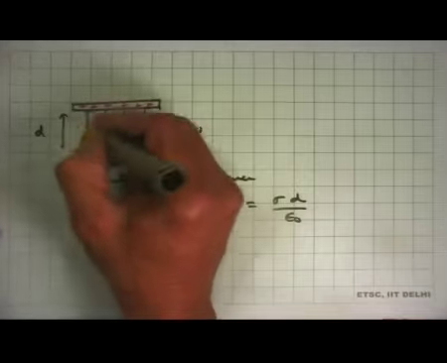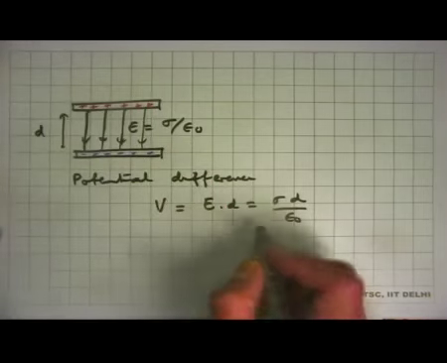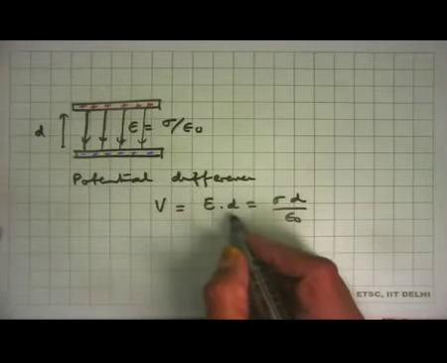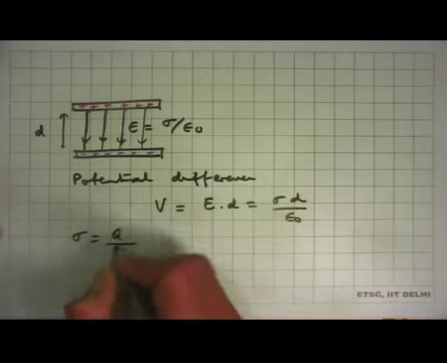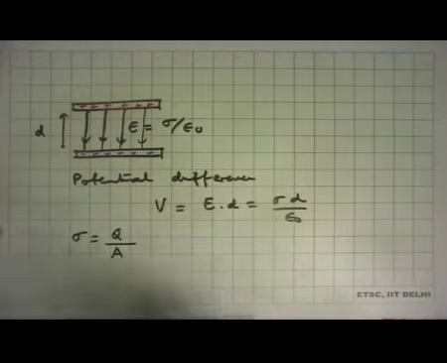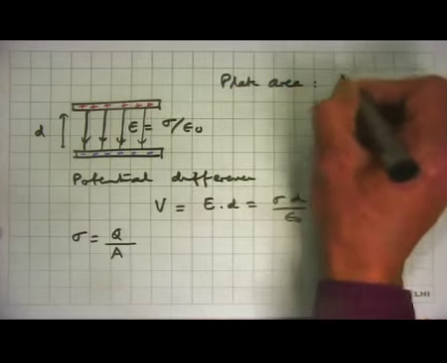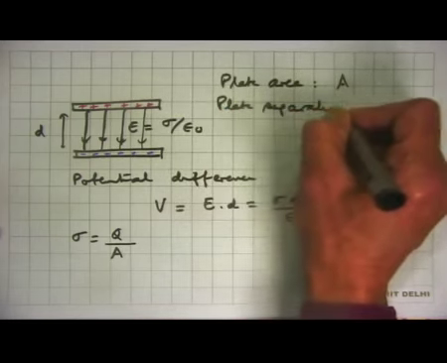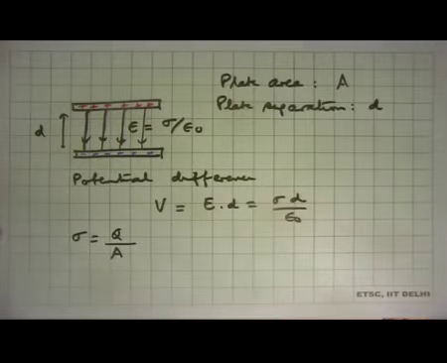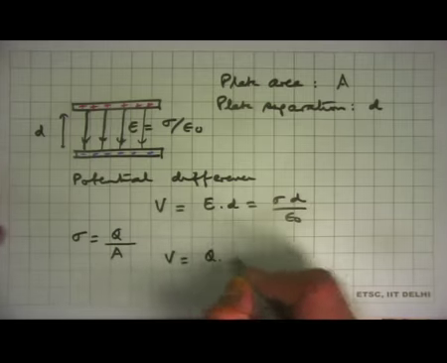The electric field lines are vertical, so to move a charge from one plate to the other I need to do work equal to the electric field times the separation. Sigma is equal to the charge on the capacitor plates divided by the plate area A. I am assuming plate area A and plate separation d. So sigma is q by A, and I get V equal to q times d by epsilon 0 A.